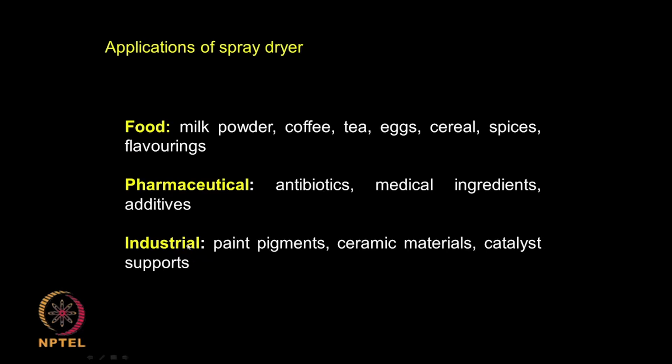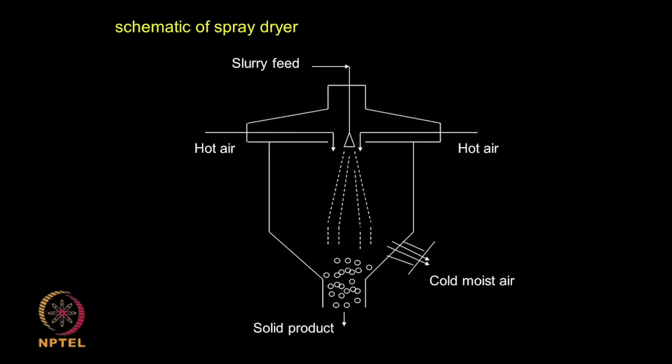So, where do you use them? You use them in food industry, pharmaceutical industry, even industrial like paint, pigment, ceramic. So, a lot of applications nowadays; the spray dryer has come into quite a lot of use. Typically it looks like this: there is a long tall chamber. So, you have the slurry feed and it is atomized and it comes out as fine droplets, there is hot air coming in.